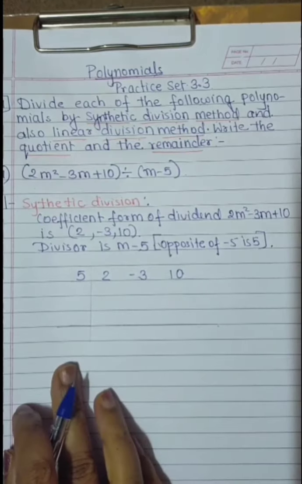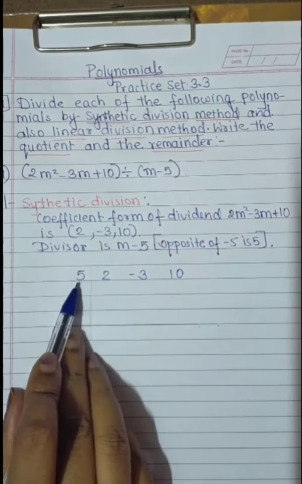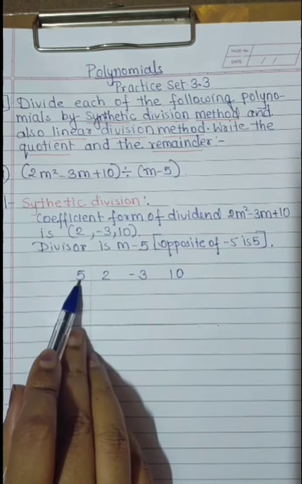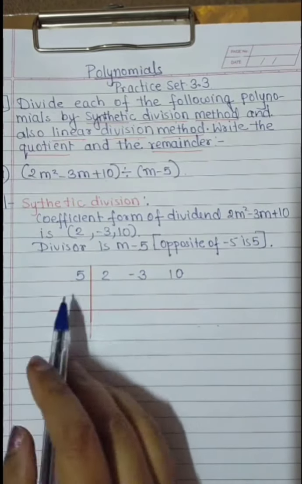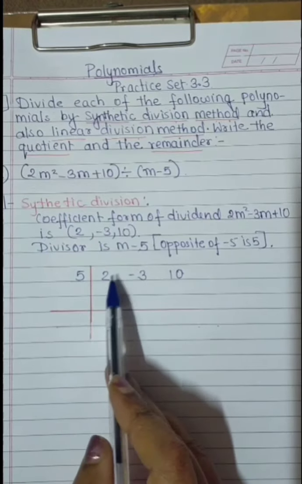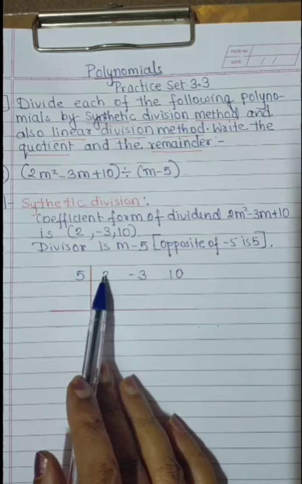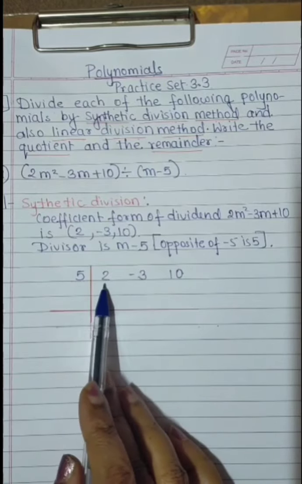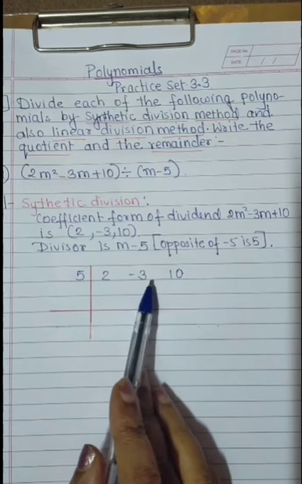This is the synthetic method. So we have drawn this type of figure, and after that I have written the divisor 5, which is the opposite of minus 5. Then we have written the coefficient numbers, that is 2, minus 3 and 10. In between we have made some space.